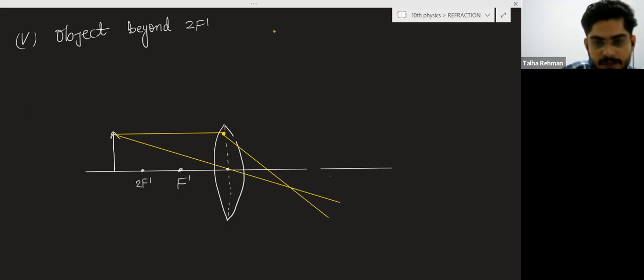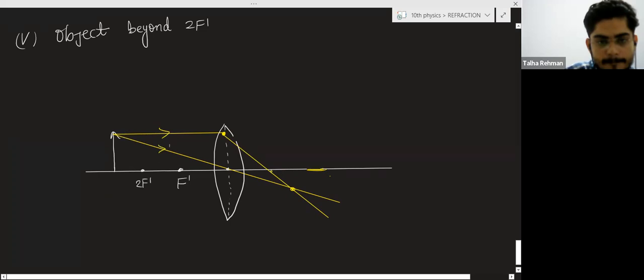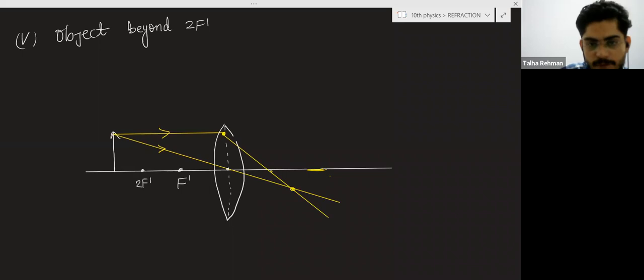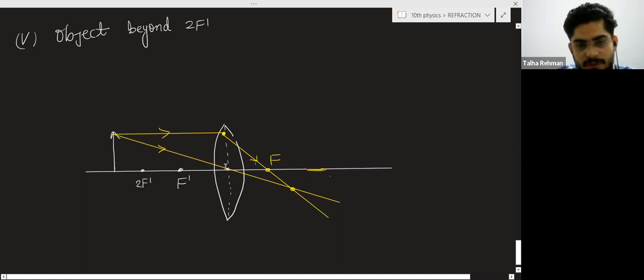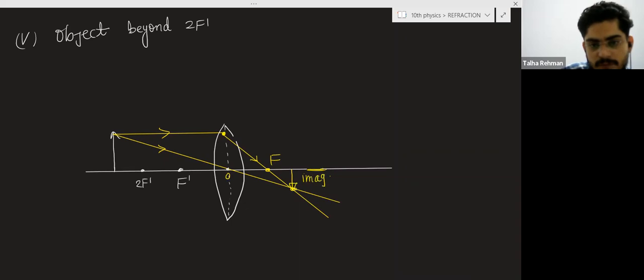Now I can explain it. The first ray from this object, parallel to the principal axis, will pass from the focus after refraction, and the second ray from this object will pass from the optical center and meet at this point. And this is the image, and this is the object.